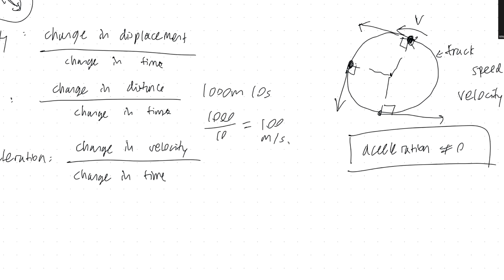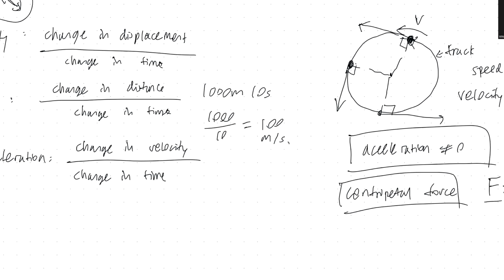And this concept is actually quite crucial because we will learn later that there's this thing called the centripetal force. Later we will learn that force creates acceleration, related by F equals ma. Basically, the force that you apply, let's say you push or pull a block, is equal to the mass of this object times the acceleration of this object.